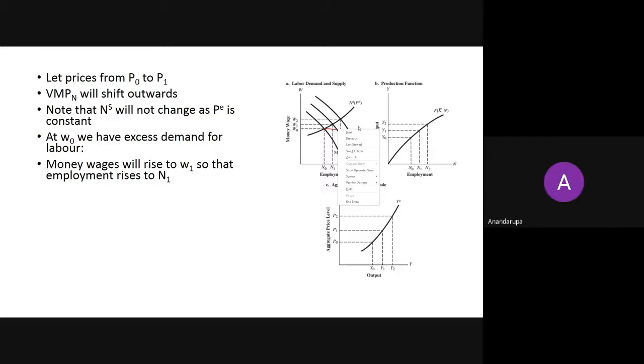To N2? No, not to N2. N2 means that this is the MP curve, but something like over here. Between N2 and N1, so it is greater than N1, right? Let me label it N prime 1.